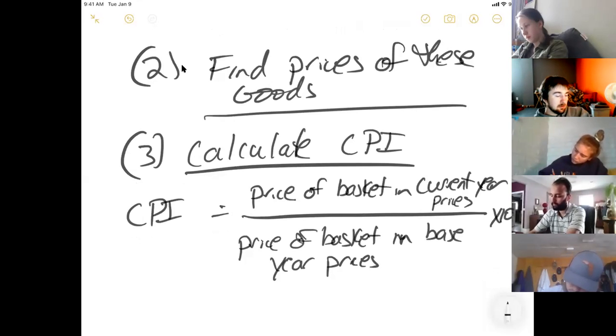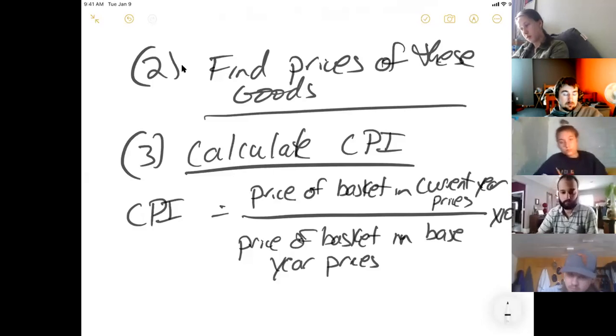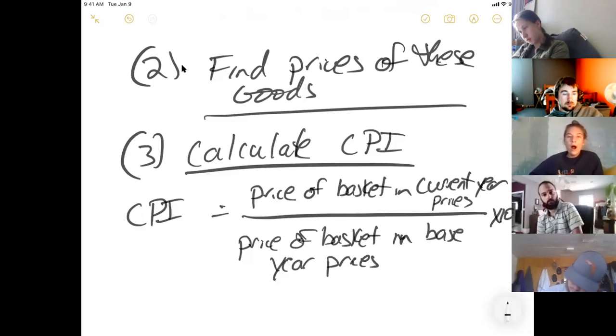Does this at all look familiar to you? This is a lot like the aggregate price index, right? The difference is the aggregate price index has nominal GDP, meaning GDP in current prices. And then the denominator is real GDP or GDP in base year prices. So this is really the same idea as the aggregate price index.